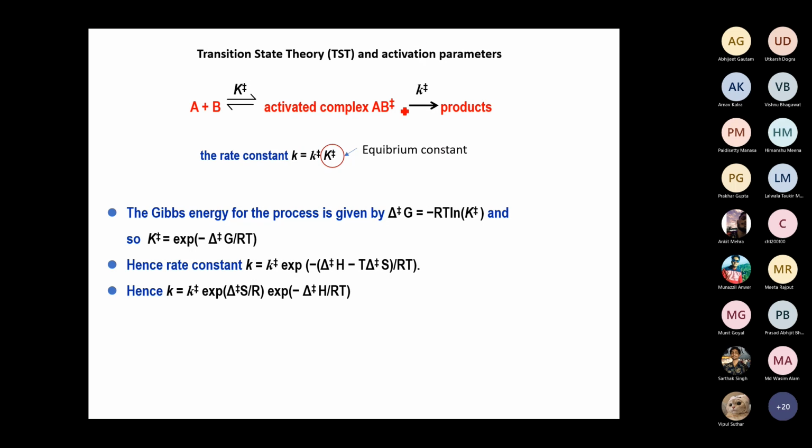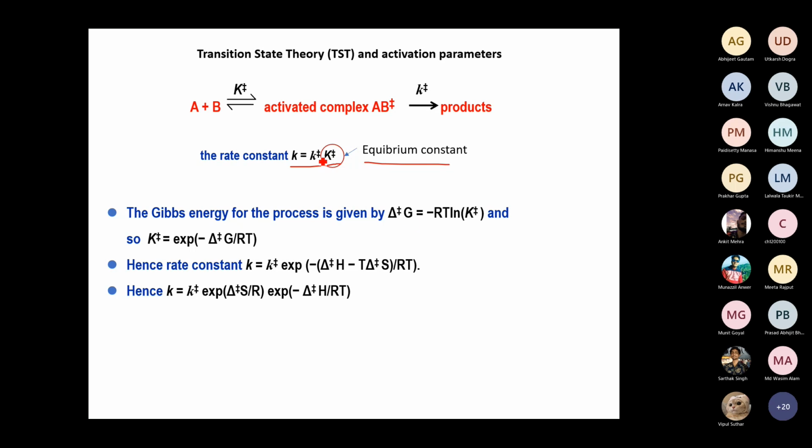So far we have reduced the overall rate constant to the equilibrium constant times the rate constant of the second step. Now the equilibrium constant, you can deduce these equations from thermodynamics. The equilibrium constant K is related to del G, right?